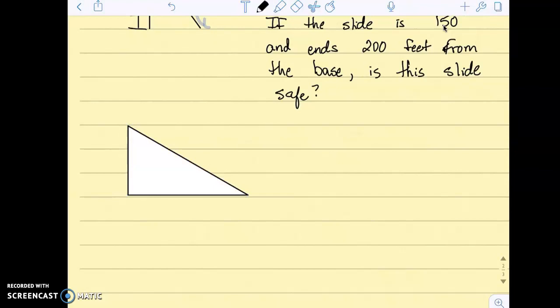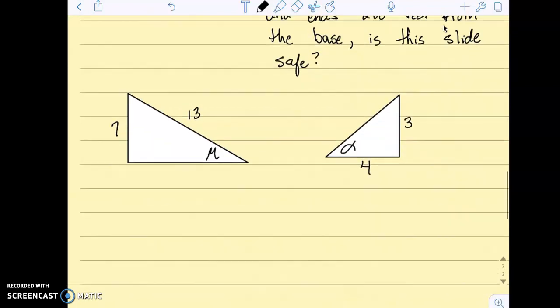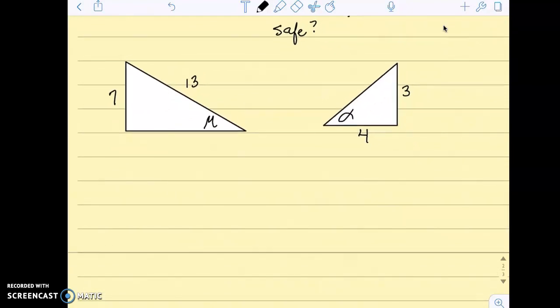Let's use mu again. Mu is something we use in statistics. Let's do 7 and 13. Let's draw a different triangle. Let's call this one alpha, because alpha's fun. And let's call this 3 and 4. So let's see. I've done that.